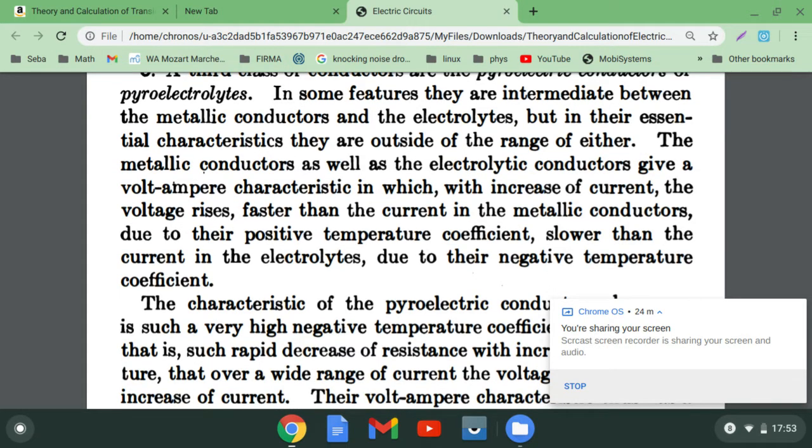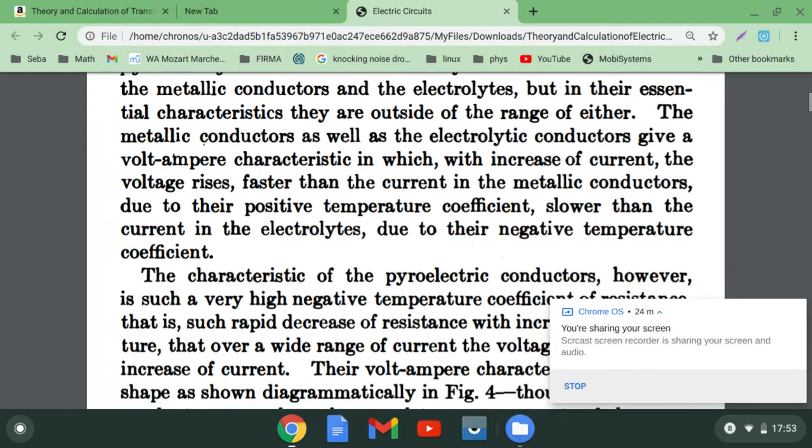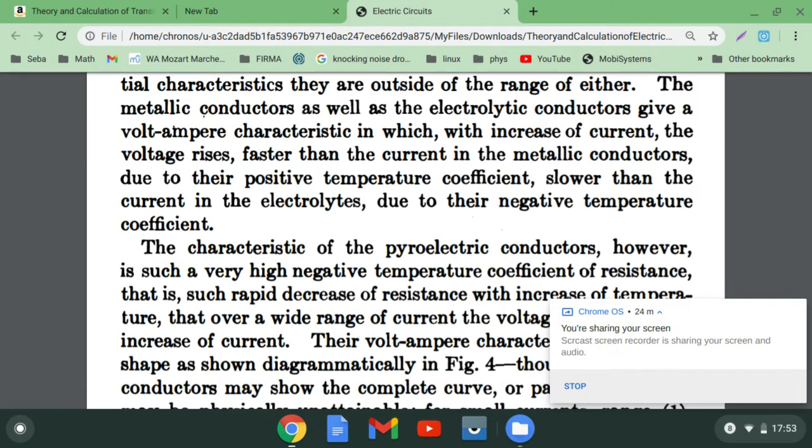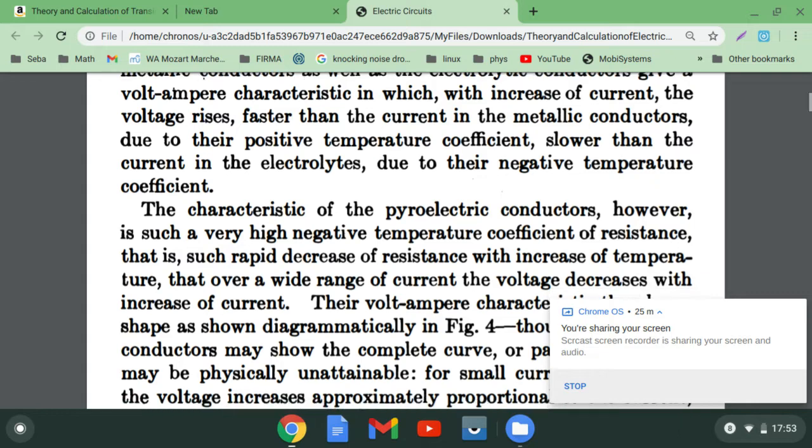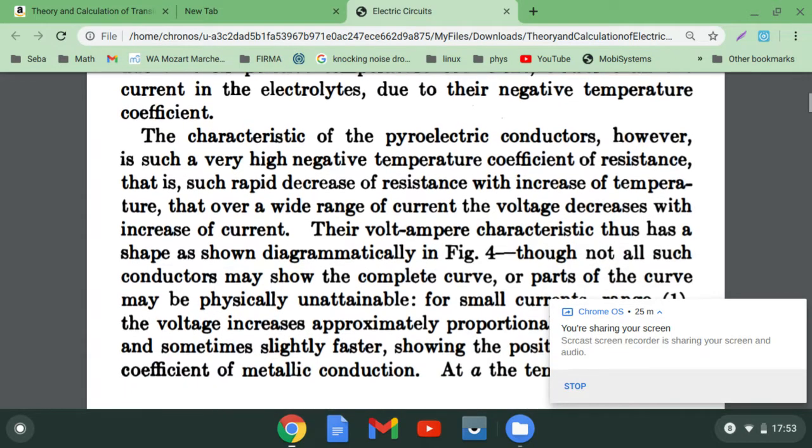The metallic conductors, as well as the electrolytic conductors, give a volt-ampere characteristic in which, with increase of current, the voltage rises faster than the current in the metallic conductors, due to their positive temperature coefficient, and slower than the current in the electrolytes, due to their negative temperature coefficient.